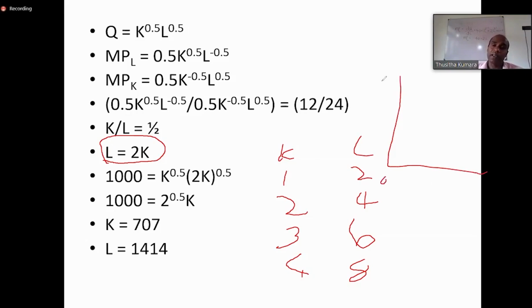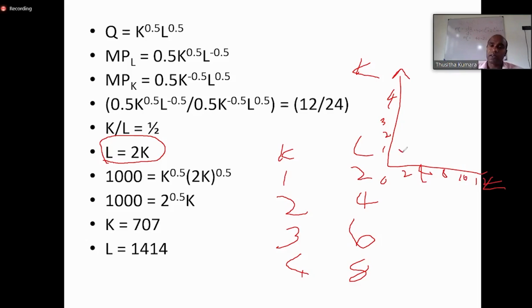So we are having here K, here L. Then 1, 2, 3, 4, and here we are having 2, 4, 8, 10, 12, something like this.